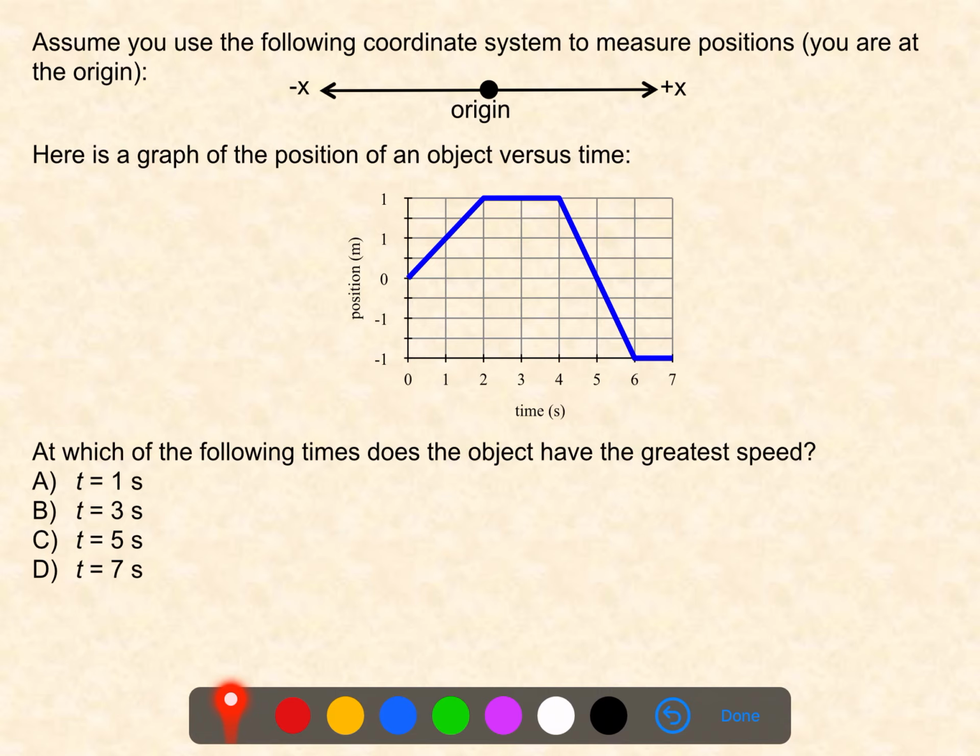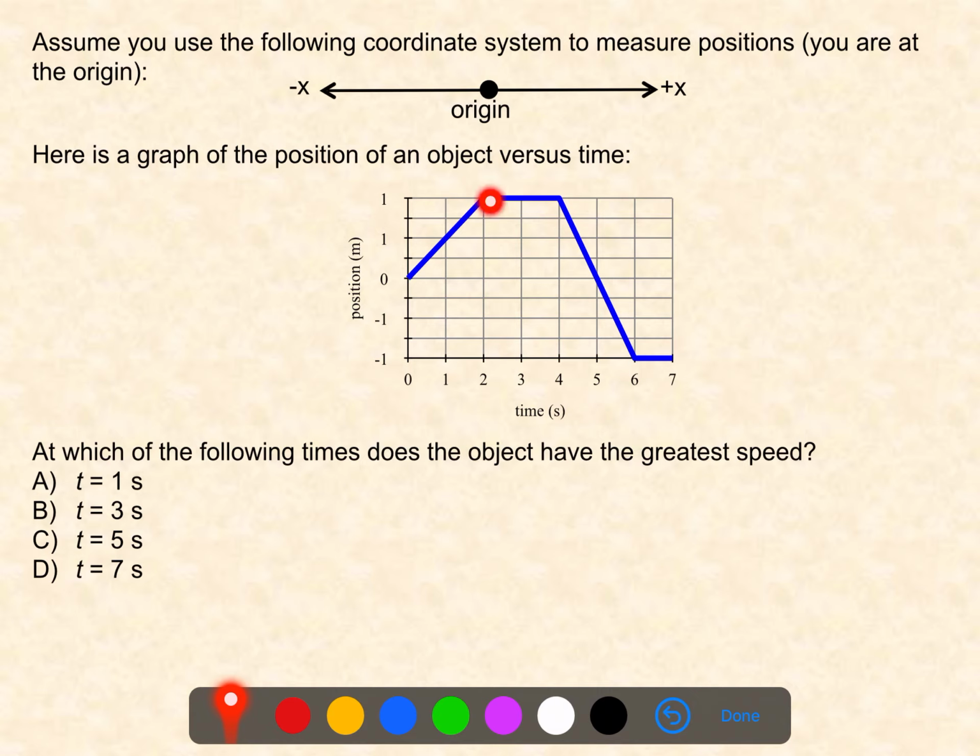And so if you take a look at the graph and you're trying to figure out what the area is that has the greatest speed, you have to bear in mind that this says speed. It does not say velocity. So we don't care whether we get a negative answer or a positive answer here. We just care about the magnitude. Okay, now remember that velocity is the slope of this position versus time graph.